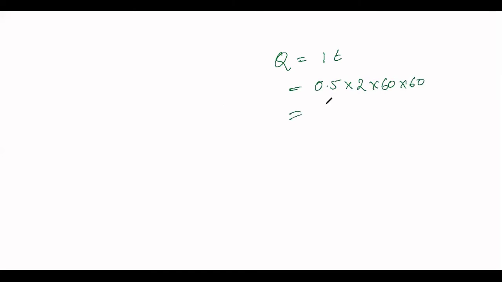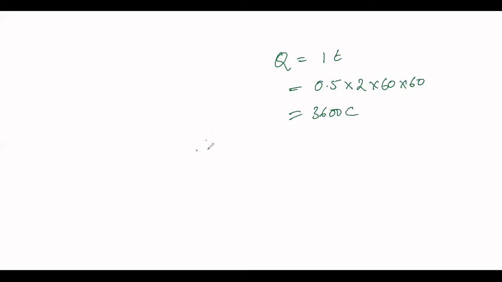So this will be 0.5 into 2 into 60 into 60. I think it is 3600, isn't it? Because this becomes 1. Am I right? These many coulombs of electricity we are using.